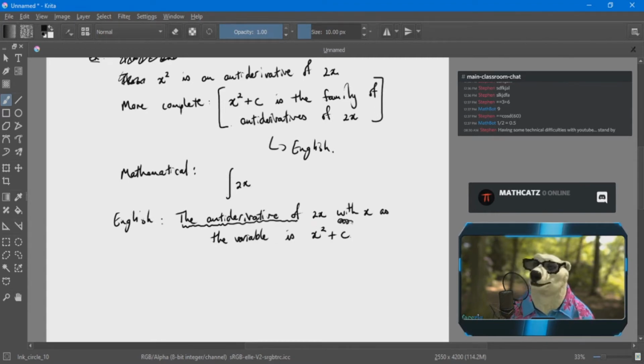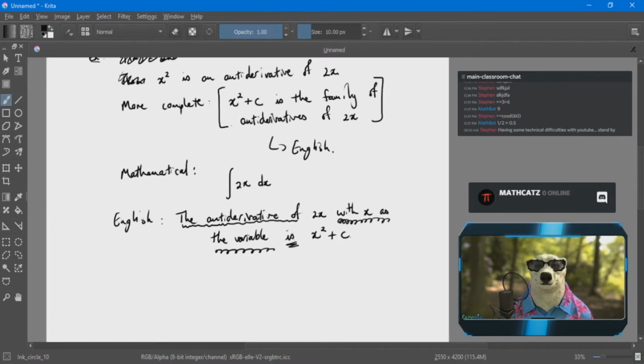The curly portion, x as the variable, I will represent by a dx. I need to know what is the name of the variable in question, because in more complicated situations, there could be other variables here and there's a mix, and I need to know what I am focusing on.